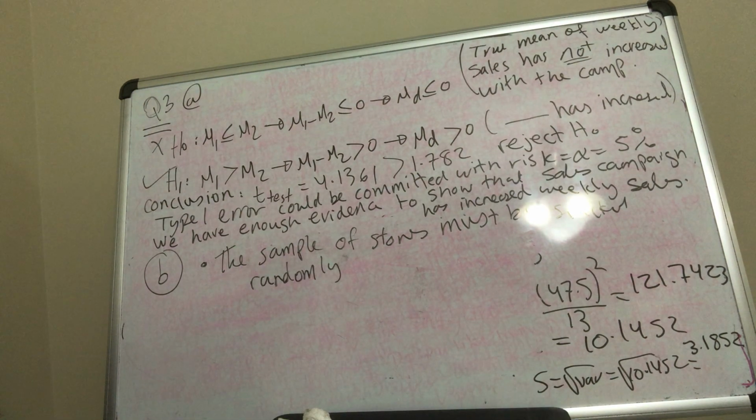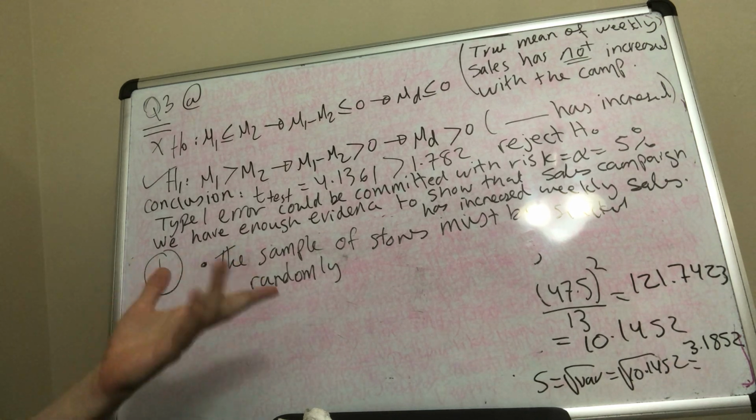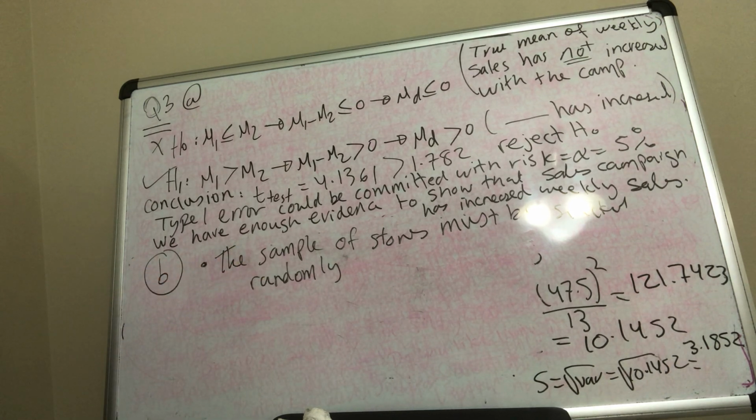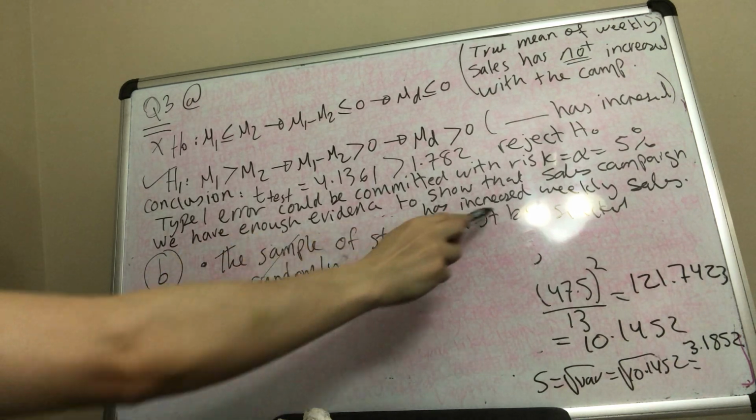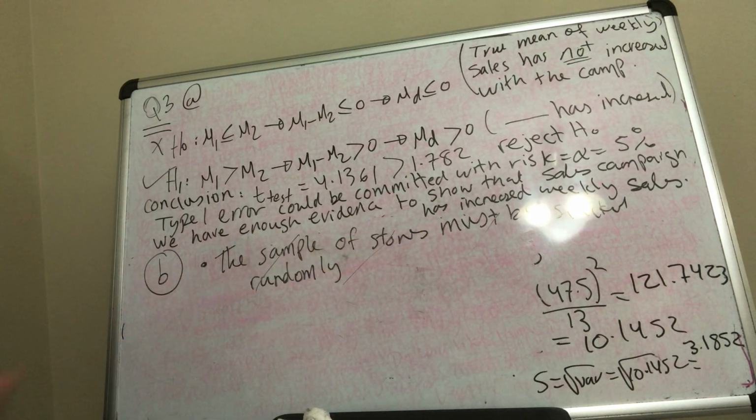And if you go back to the question, it's a random set. You don't really have to mention this because it's already mentioned in the question, but if it's not mentioned, you have to assume it. So this one is optional. You can write it or not write it. In this case, it doesn't matter.